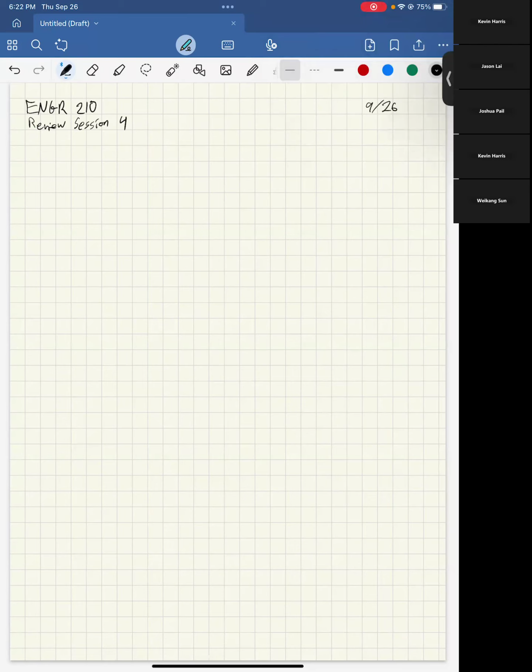So to get started, I'll start with the Thevenin equivalent circuits. The idea with Thevenin equivalent circuits is if you have some complicated circuit, I'm just going to draw some symbols on here and not give any of them values.